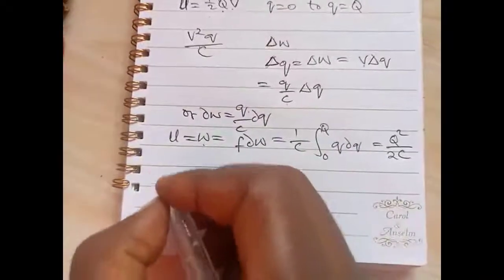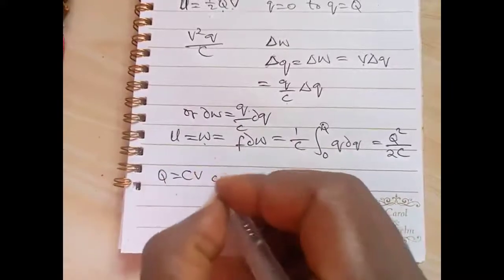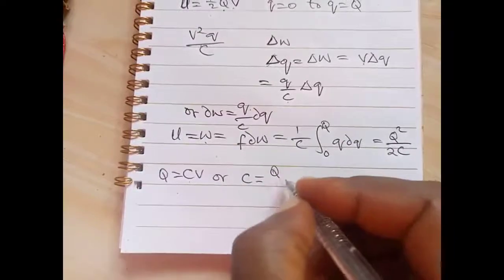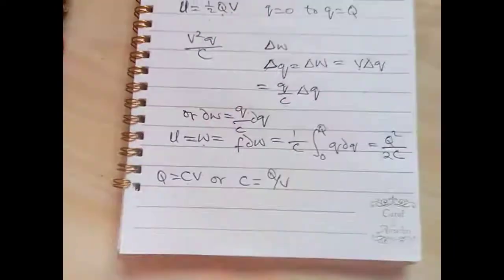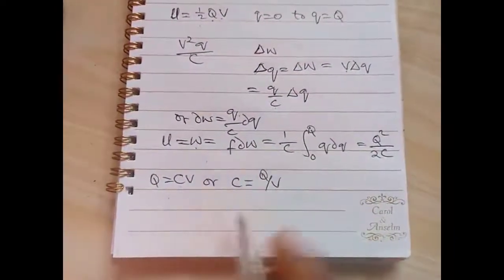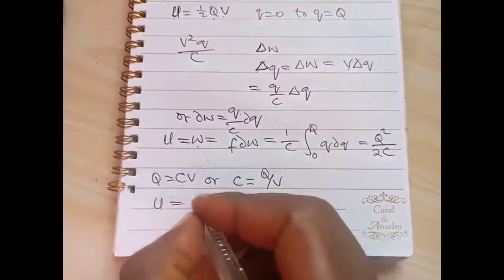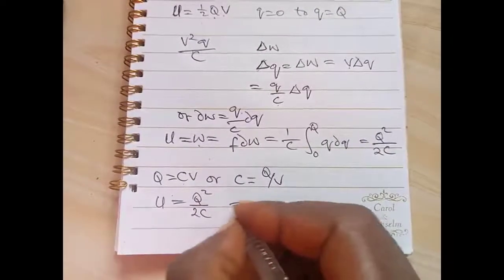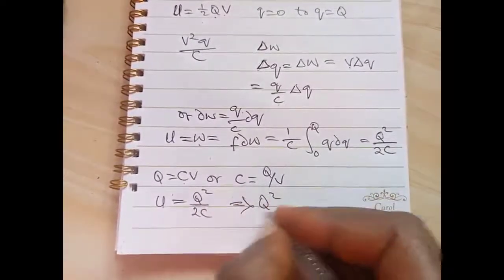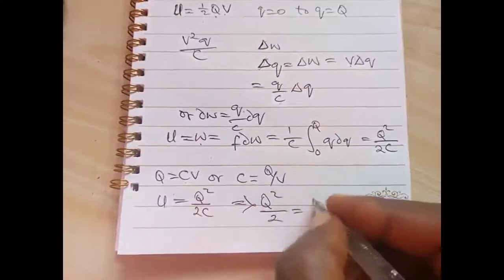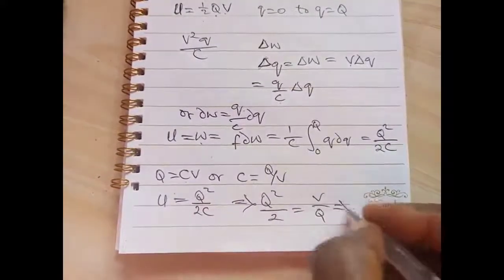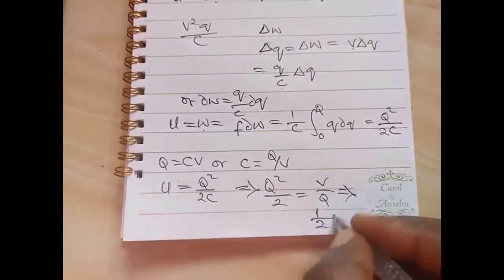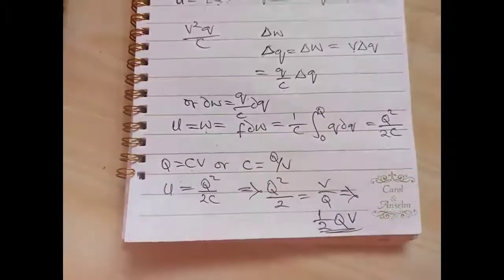So if we remember that Q is equal to CV, or if we make C the subject of the formula, we'll get that C is equal to Q over V. For that, we're going to have that energy stored is Q squared over 2C. And also, substituting, we will now arrive at 1 over 2 QV. So that is the answer.